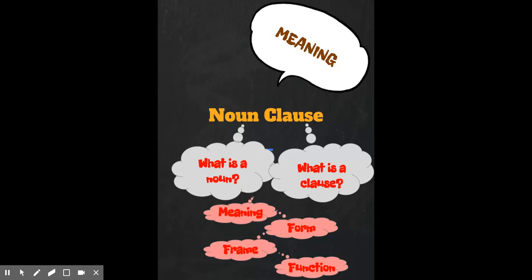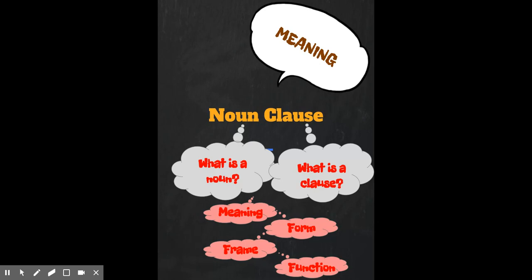Adjectives tend to frame or surround nouns. So we know that nouns have meaning, we know their frame, and we know their function, that they're heads of noun phrases. They're part of the core sentence, and they perform jobs in a sentence. They can perform some subjobs.